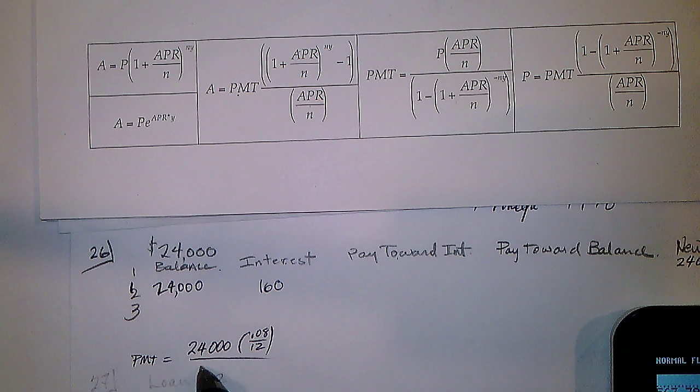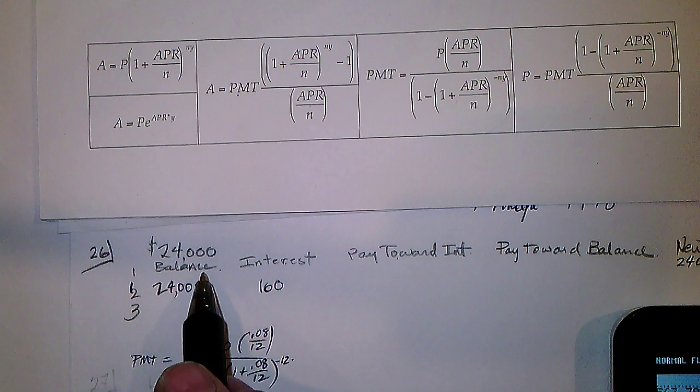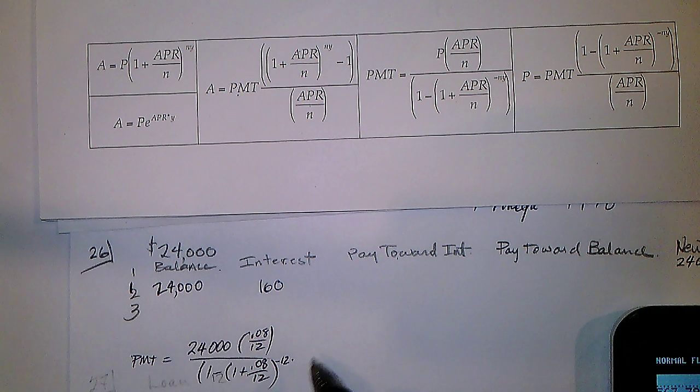Divided by parenthesis 1 minus parenthesis 1 plus APR divided by 12 to the negative 12 times, how many years was this? 15 years.